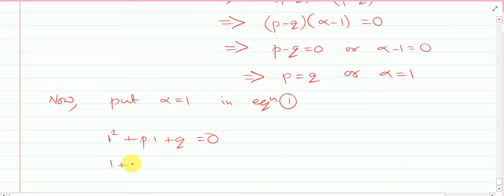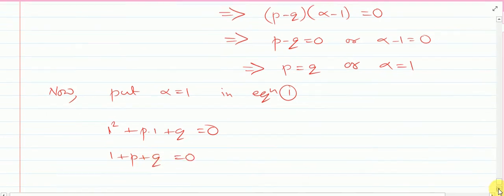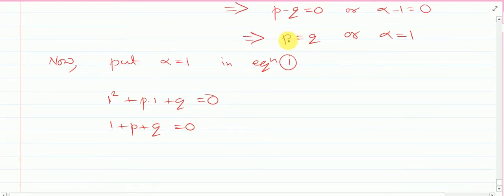So 1 plus p plus q is equal to 0. So we have been able to show that either p is equal to q or 1 plus p plus q is 0. Therefore p equal to q or 1 plus p plus q is equal to 0. So it's proved.